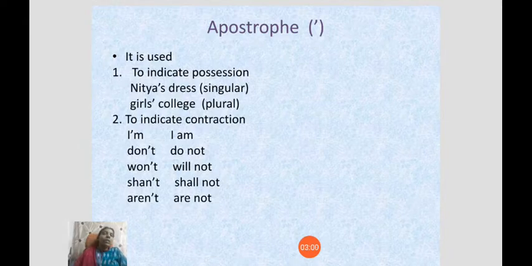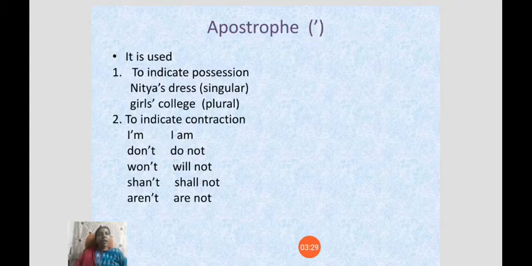So here the first example, Nitya's dress. Nitya is a person and she has a dress, or the dress belongs to Nitya. So instead of writing the dress belongs to Nitya, the dress is of Nitya's, in short, we will write Nitya's dress.